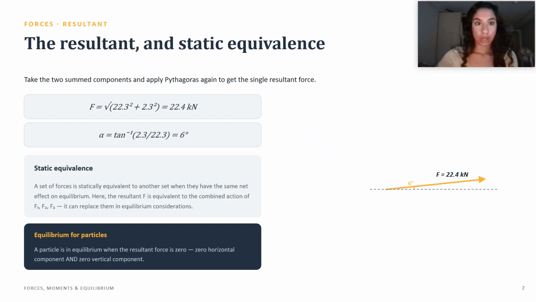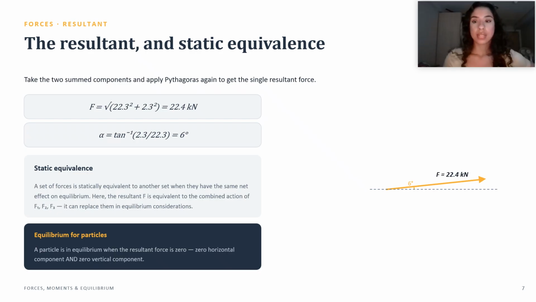You add them and then you square root it, and you get the resultant force, which is 22.4 kilonewtons. If you want to find the angle, which is always the angle to the horizontal, the dotted line, you always get the angle going from that way. You do arctan of the vertical, 2.3, divided by the horizontal, 22.3, and you end up with 6 degrees.